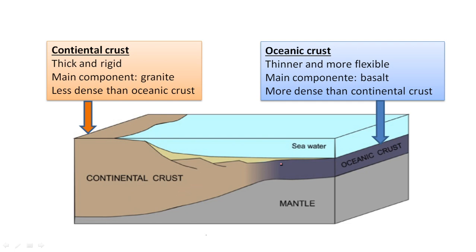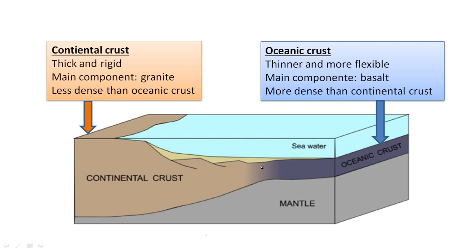The oceanic crust is thinner and more flexible and is more dense, so it tends to sink under the continental crust. And the main component of the oceanic crust is basalt, another igneous rock which is very dark, almost black, and is denser than granite.